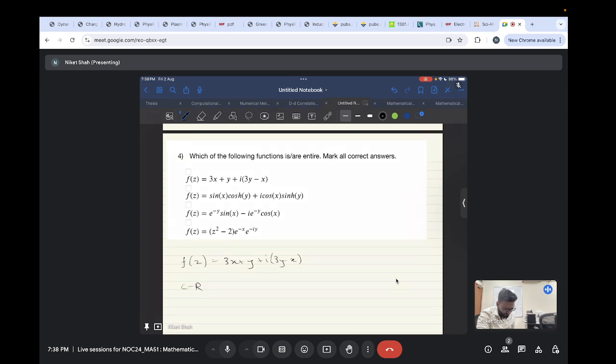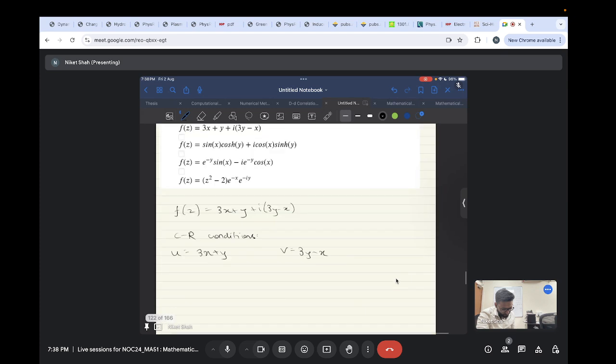I'll see whether they're being fulfilled or not. u is equal to 3x plus y. v is equal to 3y minus x. Therefore, del u by del x is equal to 3, del v by del y is also equal to 3. So here it's trivially satisfied.